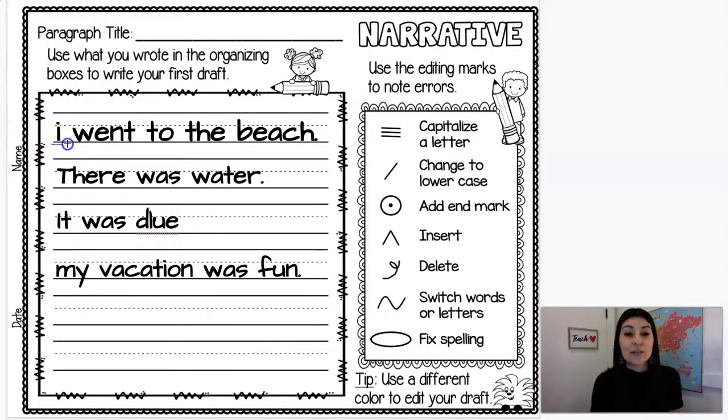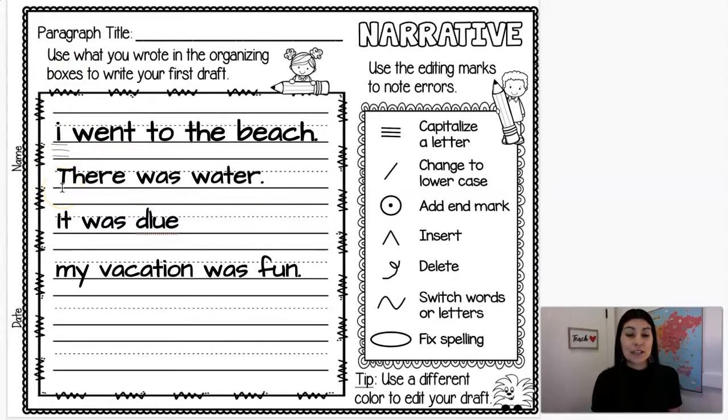So I'm going to write 1, 2 and 3. This is a little hard for me because I'm doing it on the computer. And I know I wanted you to use a different color, but mine is just going to be what I have. So this is telling my brain when you copy it to your final copy, you need to fix that. Okay, so let's go to the next sentence there.